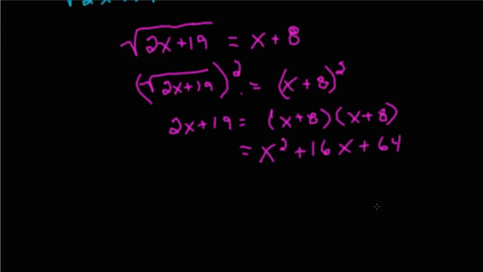So now we can do the same thing and subtract 2x from both sides and 19 from both sides. So we'll end up with 0 on this side, and x squared on the other. 16x minus 2x is a positive 14x. 64 minus 19, let's see, that'll give us a positive 45.